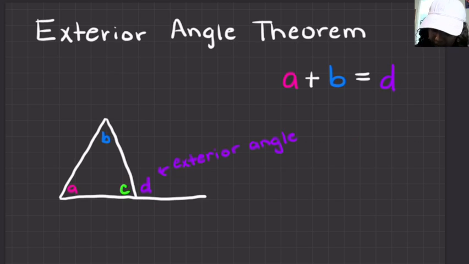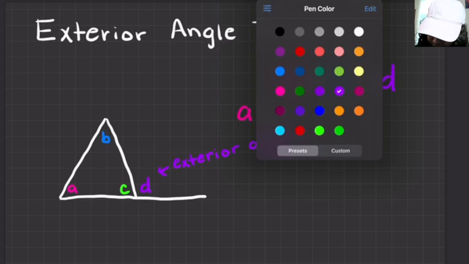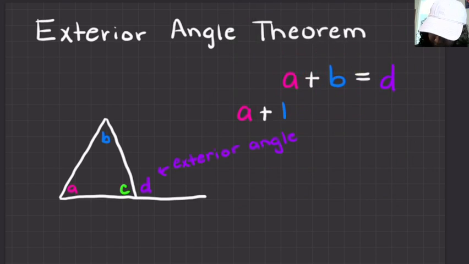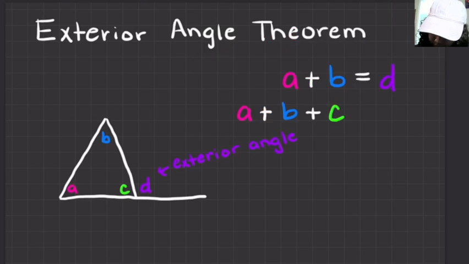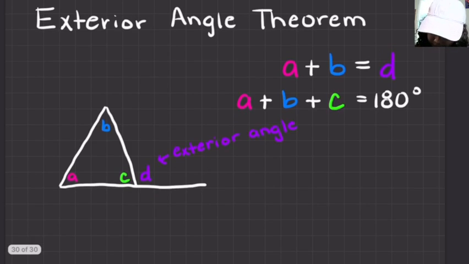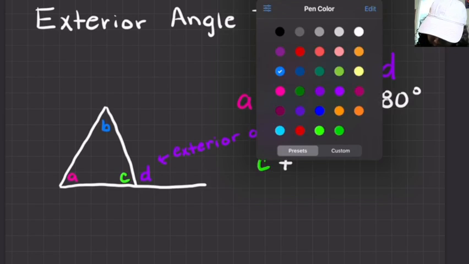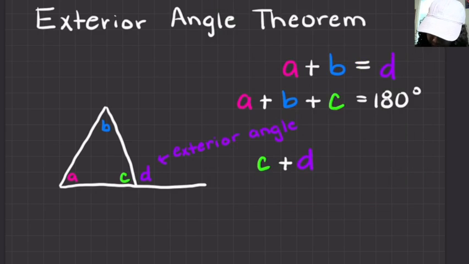We know that A plus B plus angle C equals 180 because of triangle sum theorem, okay? We know that those three together equal 180. But now I also know that C plus D equals 180 as well, okay?